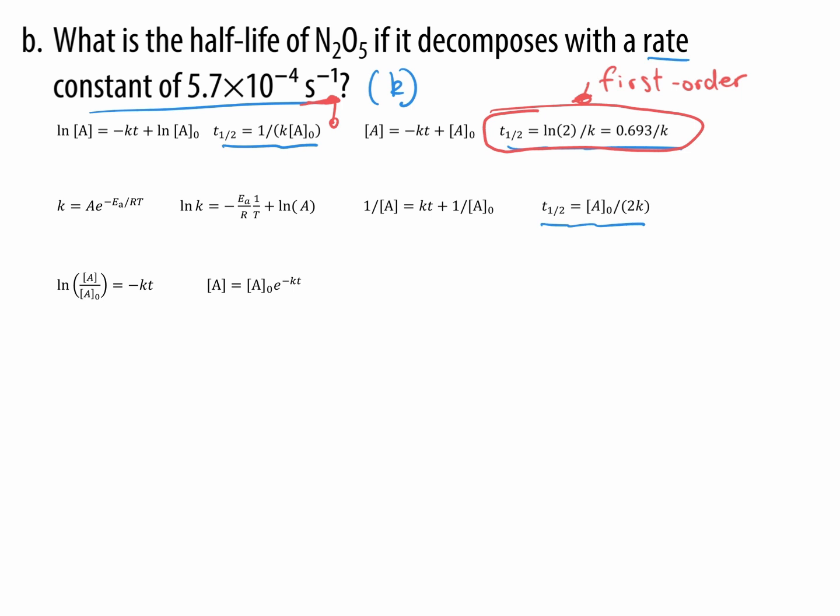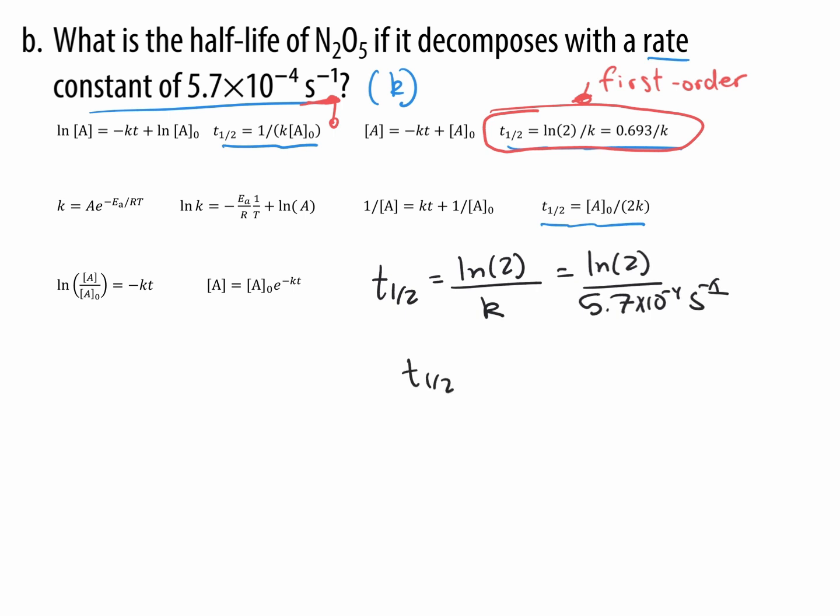With that little trick out of the way, we just plug in T1/2 is equal to ln of 2 divided by K. Again, you could just use the constant 0.693, but I'll use the actual ln, and then I divide by 5.7 times 10 to the -4 seconds to the -1.